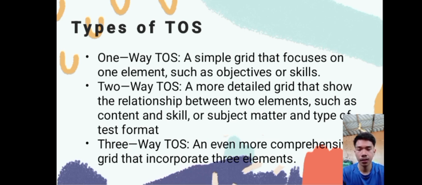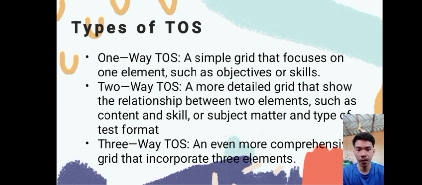The three elements measured by the three-way table of specification are the content or the objective, the cognitive level by Bloom's taxonomy, and the percentage rate. The content or objective is the topic or skills being assessed.